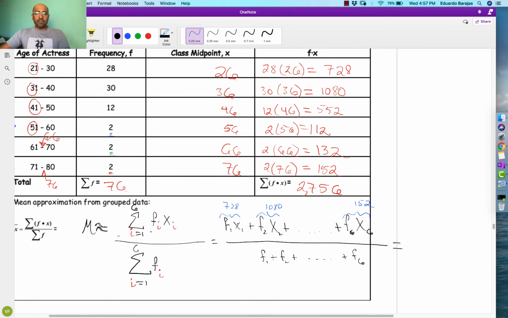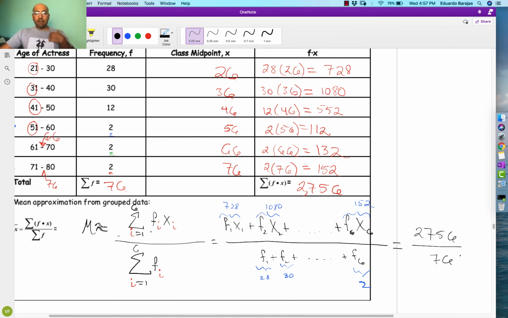So I already have that the sum of the numerator is going to be 2,756. And then the sum of the denominators, again, this f sub 1 is this first frequency, which is a 28. Plus the 30 is this f sub 2. Dot, dot, dot, and then the last one, f of 6, that one was a 2. That's this one there. Okay, and then if we add them all up, we already did that. That summation is going to add up to 76.